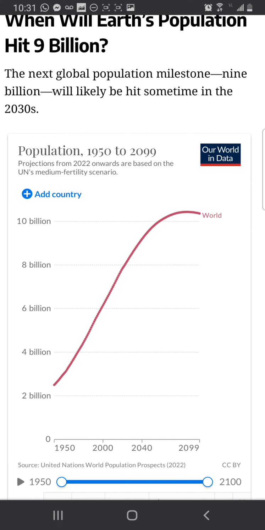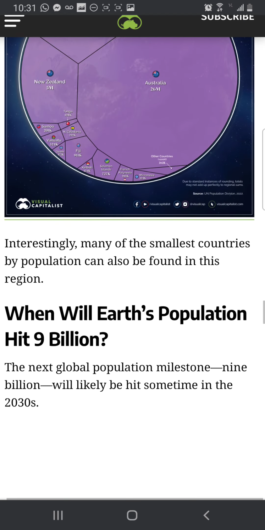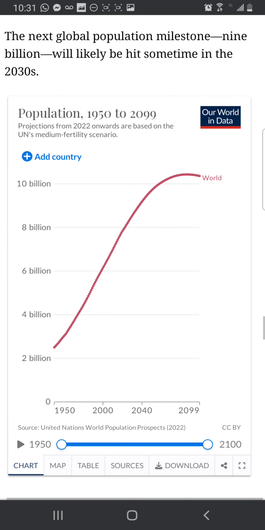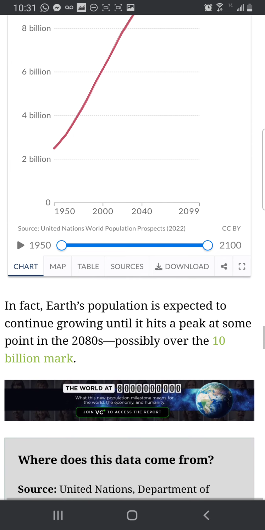If the world's population is 8 billion right now, it takes more than 50, 60 years for it to hit 10 billion. I don't agree with all of this. The final part right here with the population, I don't want to speculate that far.